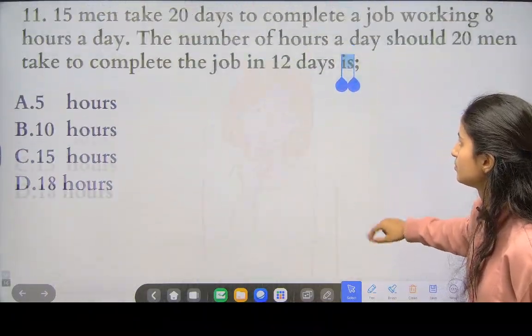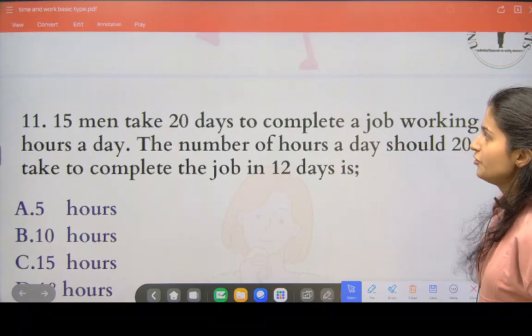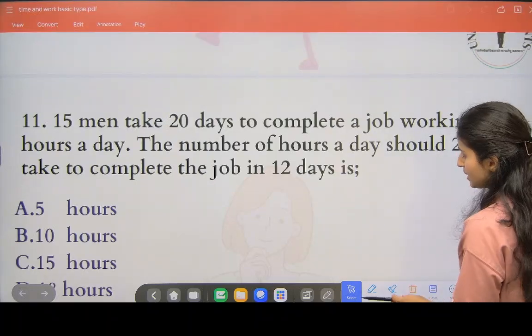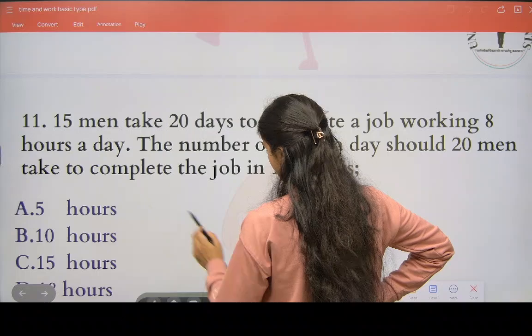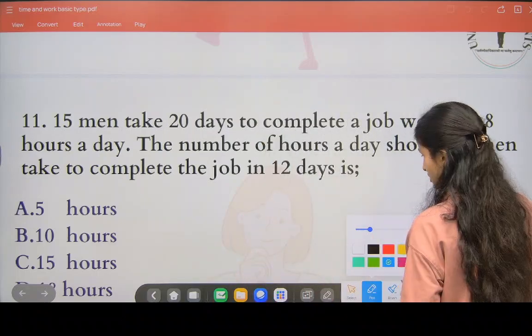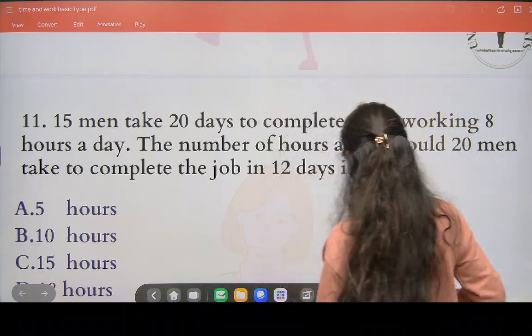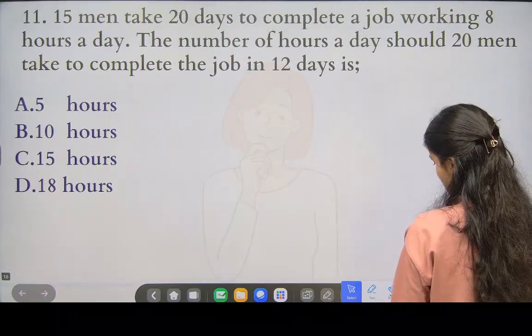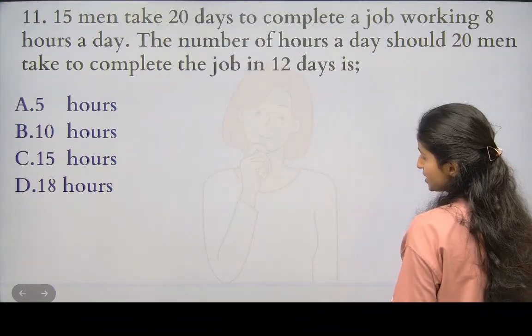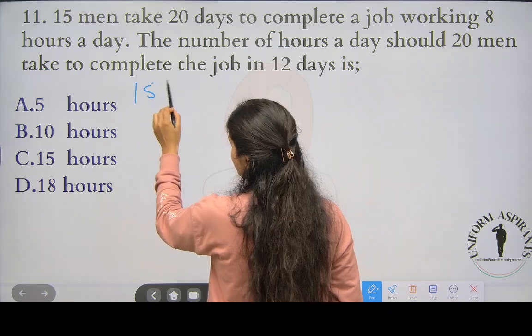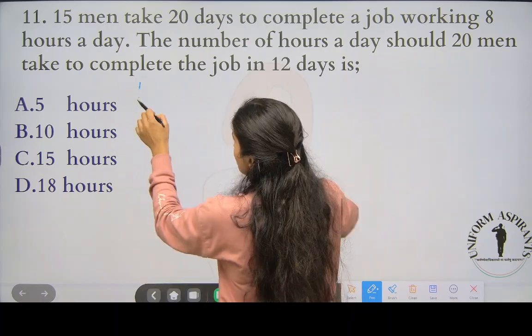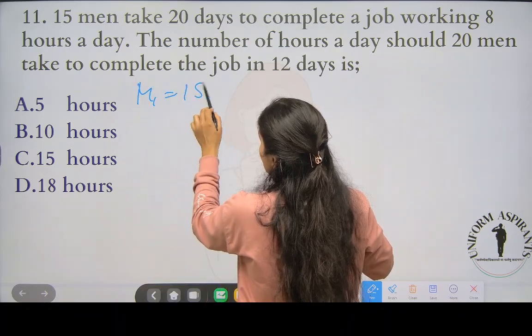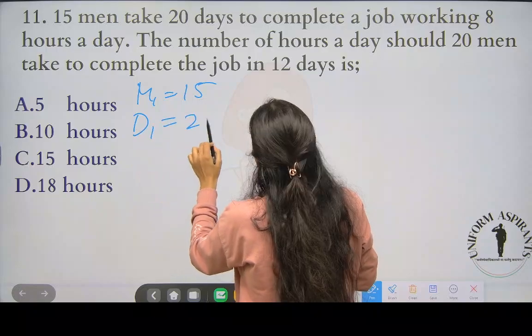See this, 11th question. 15 men take 20 days. I'll keep the question here. 15 men take how many days? M1 is equal to 15. D1 is equal to 20.